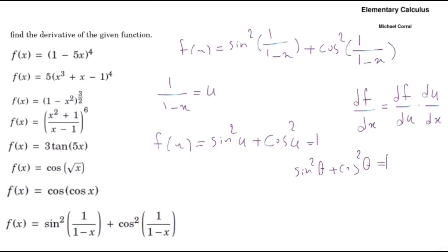So f prime of x equals df with respect to u, which is 0, times du with respect to x, which is 1 over (1 minus x) squared, and the final result is 0.